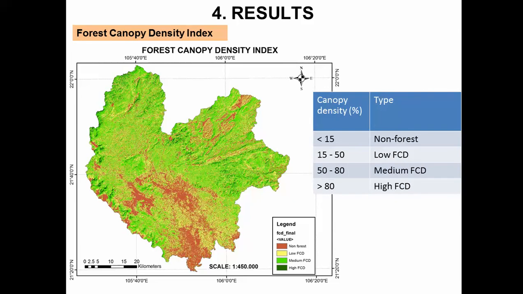From all these indexes I mentioned previously, the forest canopy density index is identified in the study area. The percentage of canopy density corresponding to FCD is also identified; especially when the canopy density is under 15%, it indicates non-forest area. Similarly, for low, medium, and high FCD.